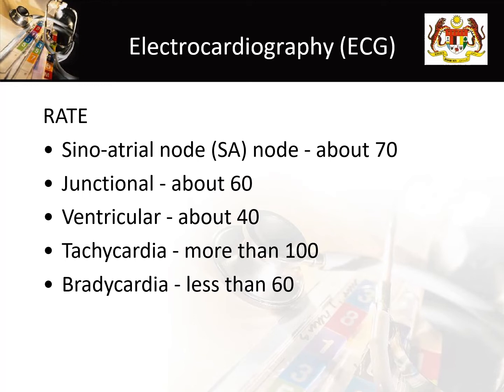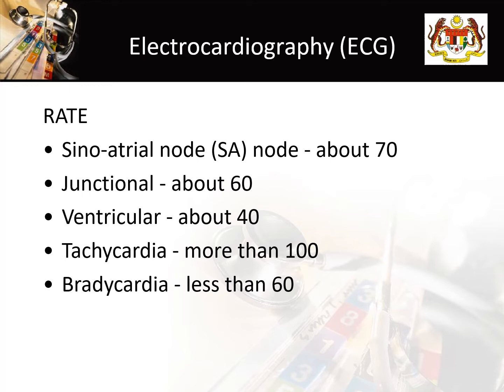In some conditions, the electrical activity can originate from the junction, near the AV node, and the rate is about 60 beats per minute. In other conditions, the electrical activity may originate from the ventricle, and the rate is about 40 beats per minute.